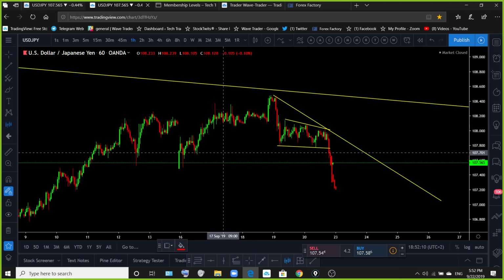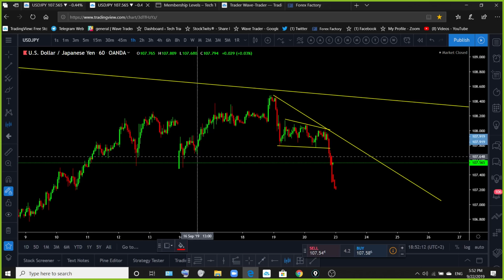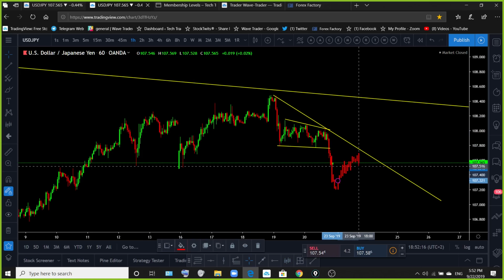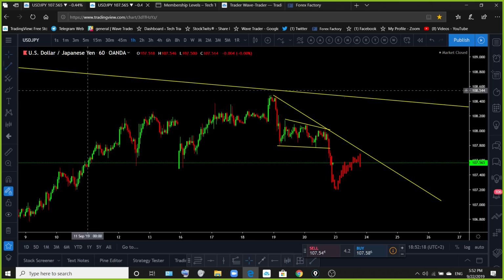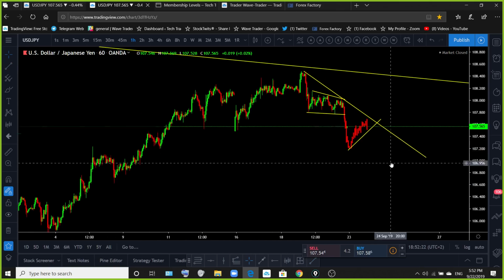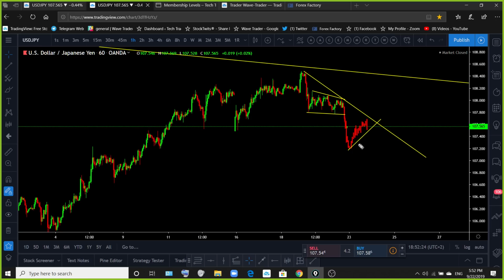Let's say you are having another correction like that, then start to sell the dollar yen for the downside. For the sell, make sure you watch this correction, and then start to sell back to the bottom, up to this low, and again buy from the bottom.